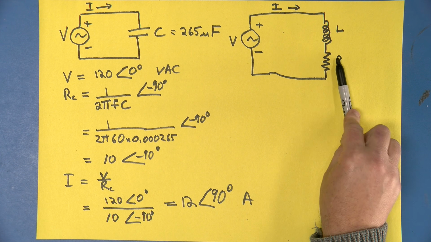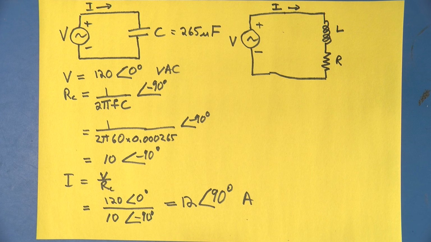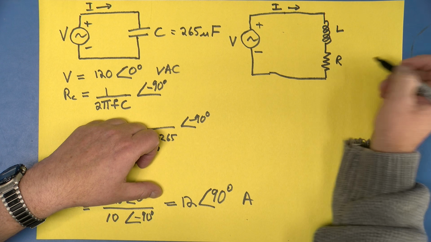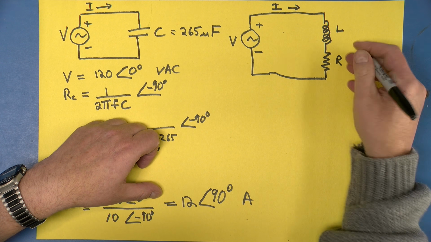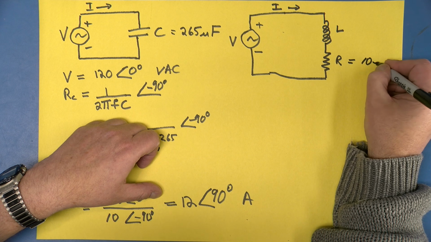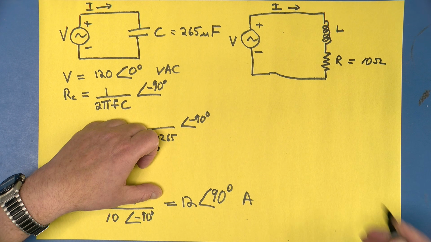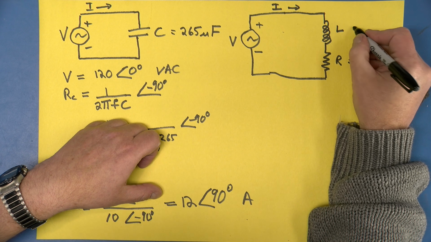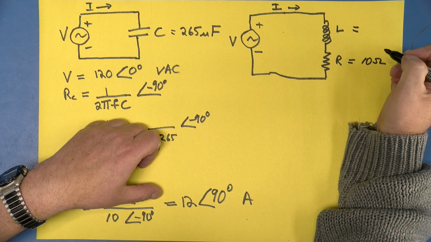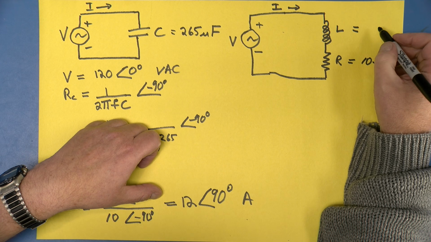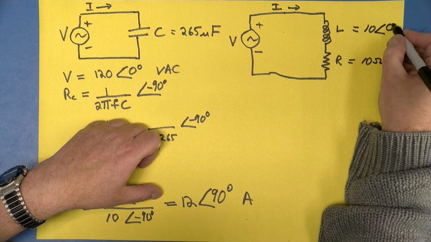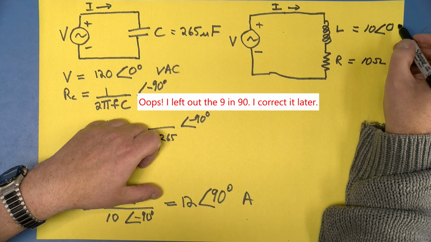So for the resistor, its resistance R equals 10 ohms. And similarly, the inductor in our example, we decided its reactance is 10 at an angle of 90 degrees.